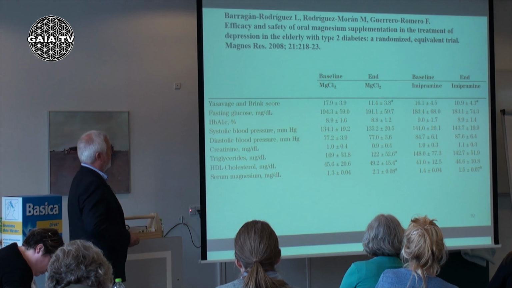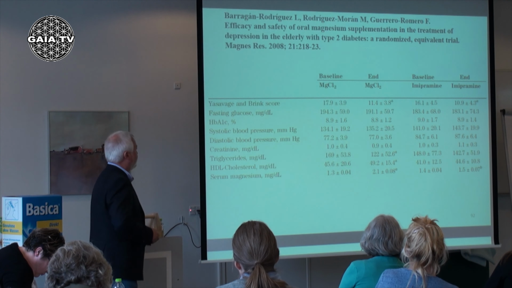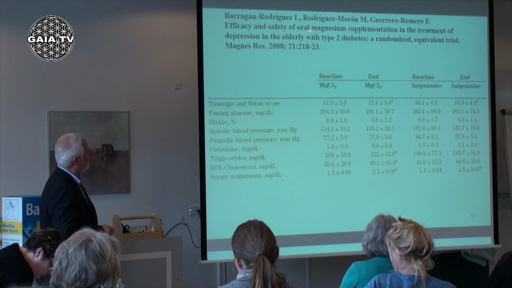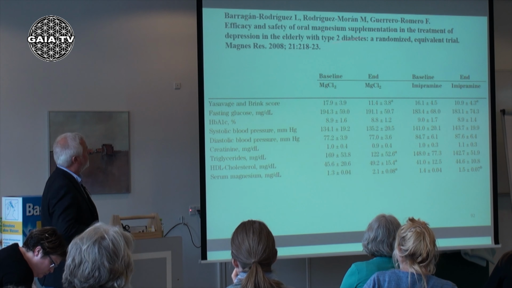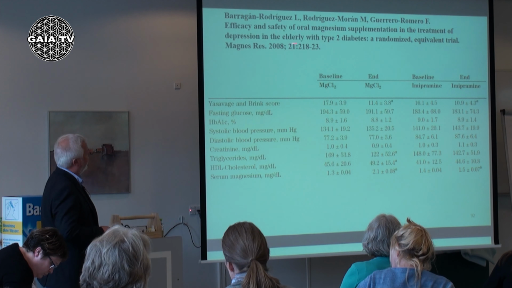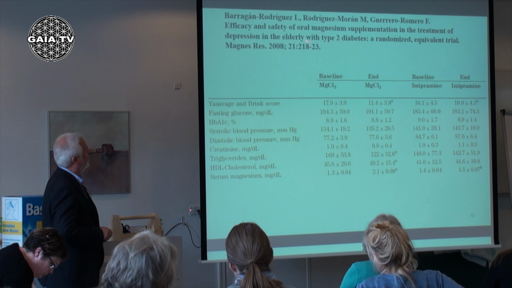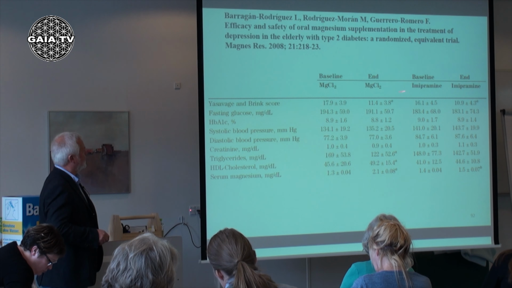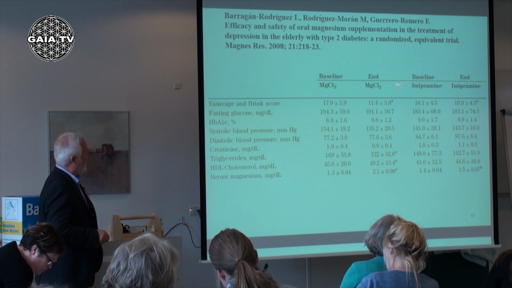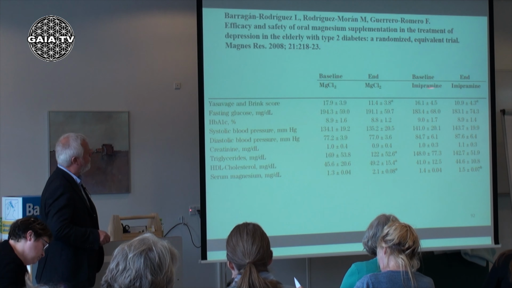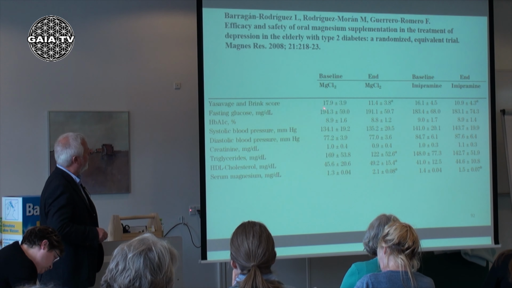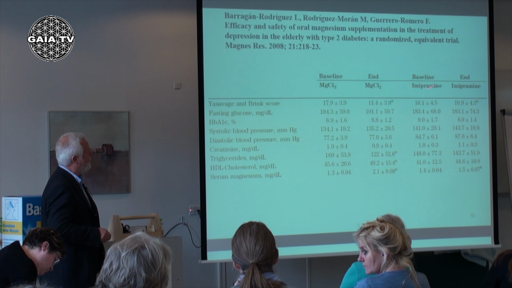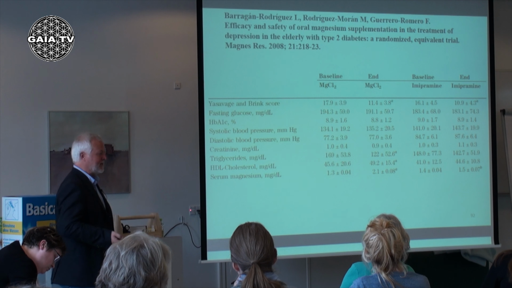And this brings us to the area where magnesium can be used again, and this was a study, magnesium supplementation in treatment of depression in elderly patients with type 2 diabetes. And this was a depression score, and you see that magnesium was as effective as imipramine. Magnesium reduced this score significantly, to the same amount as imipramine, an antidepressant, did.